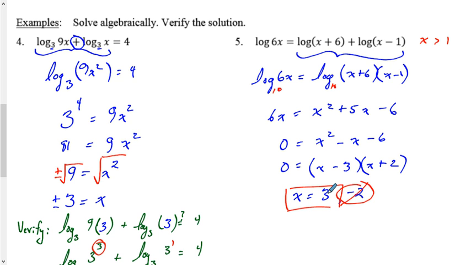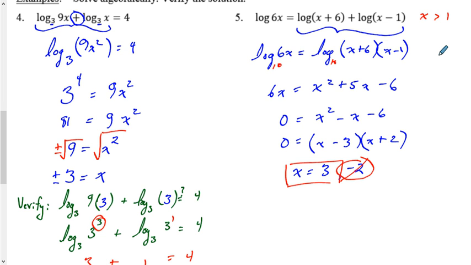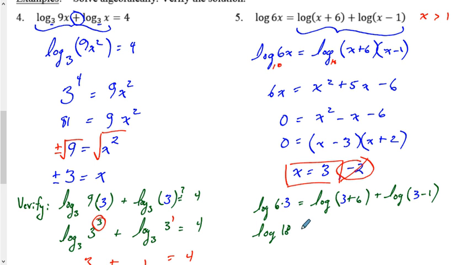It meets this condition in the domain that we have up there, but it's still a good idea for us to verify algebraically. And we've saved a little bit of time by already eliminating one of those possible solutions. So here on my left side, I will have the log of 18, and on the right side, I will have the log of 9 plus the log of 2.